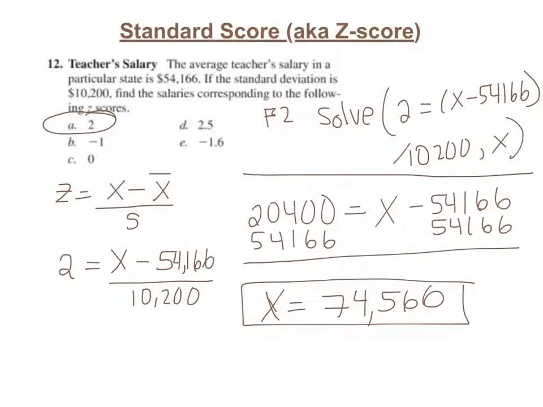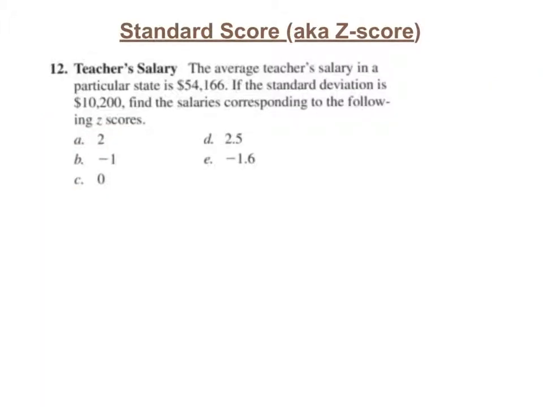Now I will do part B for you. All right, here's B. We have z-score equals value minus sample mean divided by sample standard deviation. We are looking for a z-score of -1.